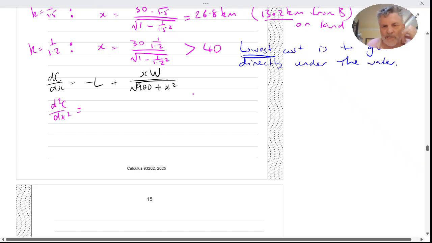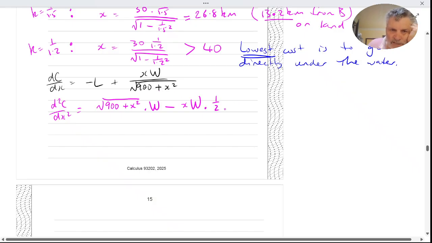This is a quotient. The quotient rule says write down what's on the bottom, multiply by the derivative of what's on the top, subtract, write down what's on the top, and multiply by the derivative of what's on the bottom.